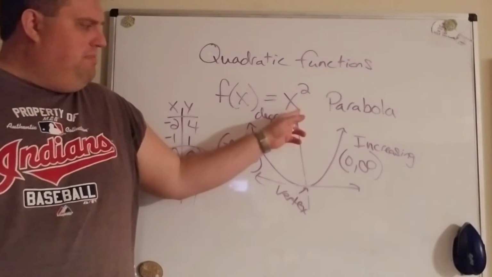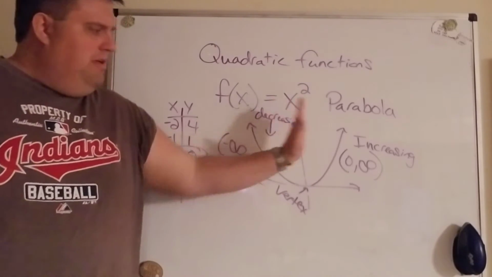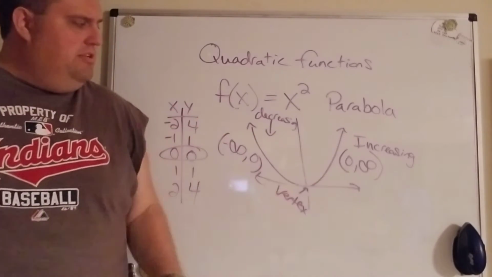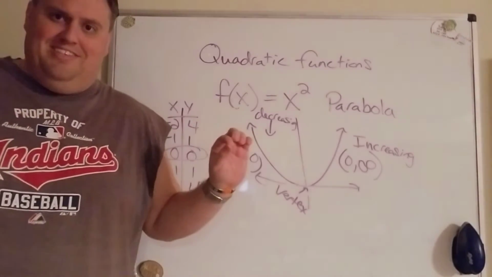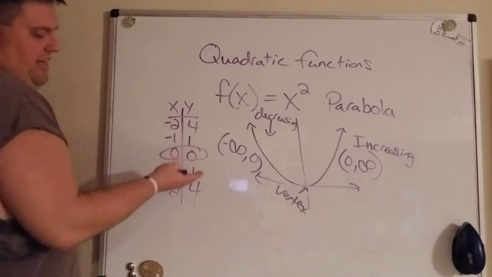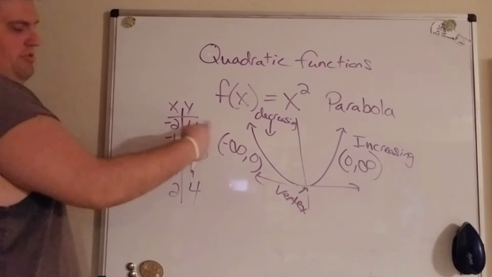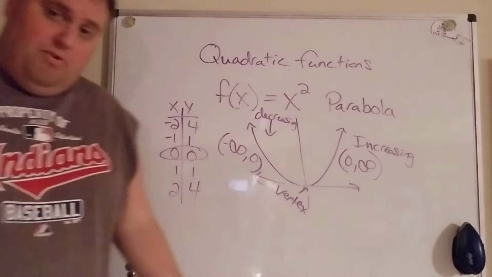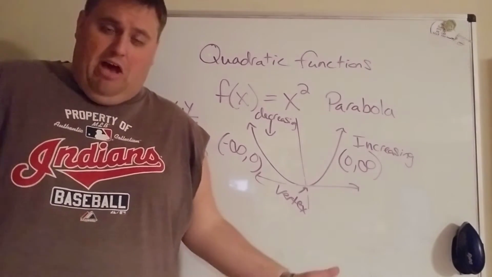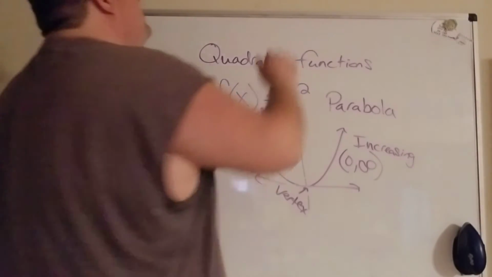Right, like for example, on this one, on the y-axis here, this side is going to be symmetrical to the other side. And we can kind of see that in the table, right? Negative 1 and 1 are the same thing. Negative 2 and 2, they're the same thing. If we kept going forever, any number and its negative counterpart are going to be the same thing. So that's cool.